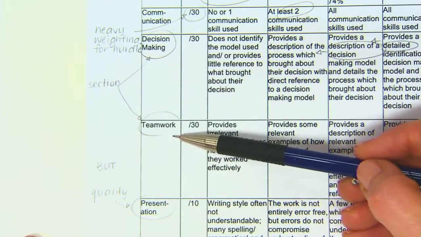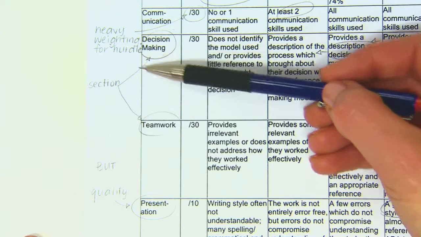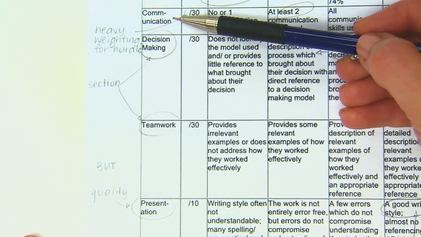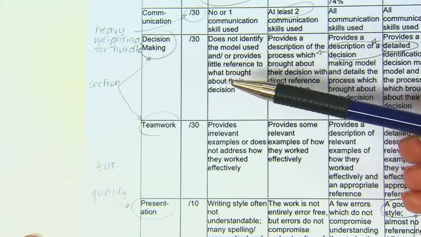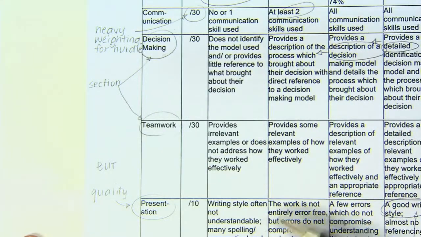However, teamwork and decision making are sections of the assignment. In addition, communication, similarly to presentation, refers to the way that the assignment is presented. So we have a mixture of types of criteria in the one rubric.